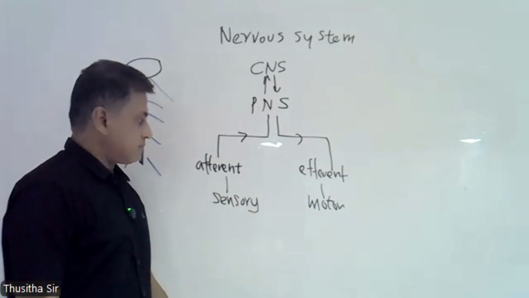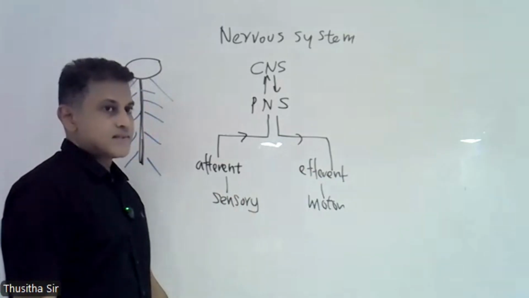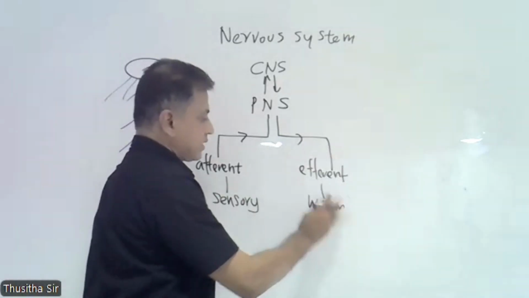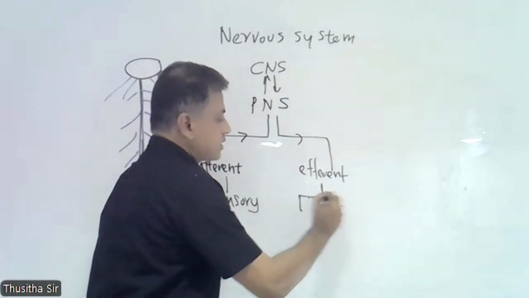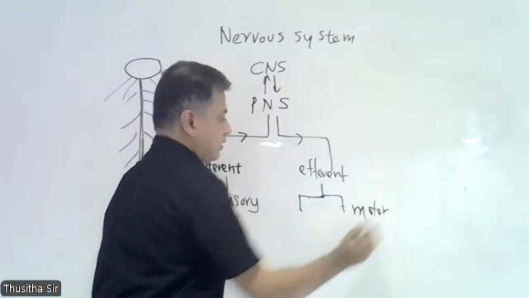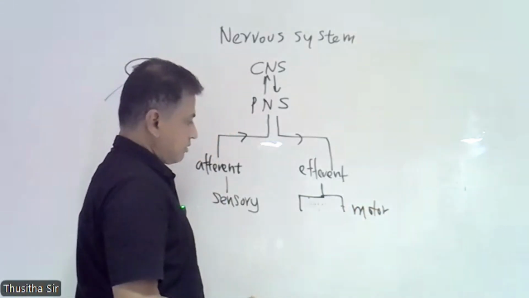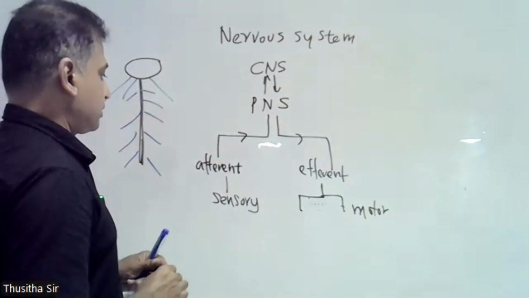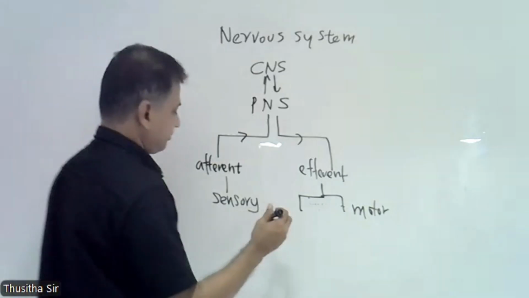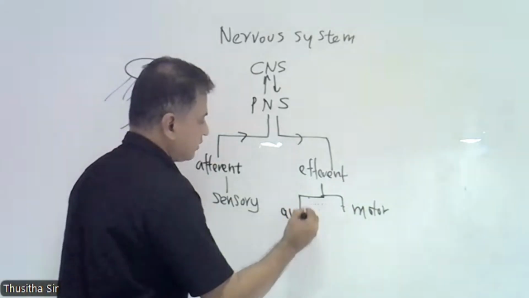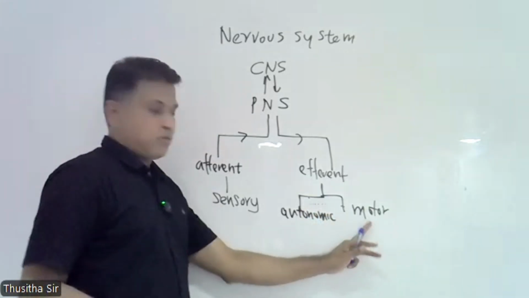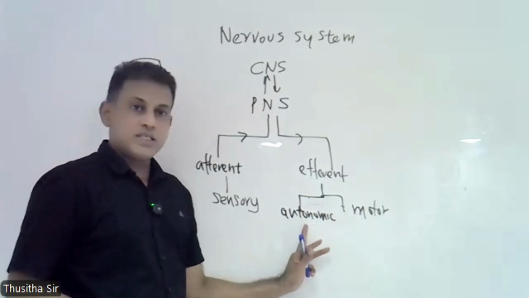Now, so the efferent one is going out as the motor neurons, and autonomic. So the motor one is voluntary, autonomic is involuntary.